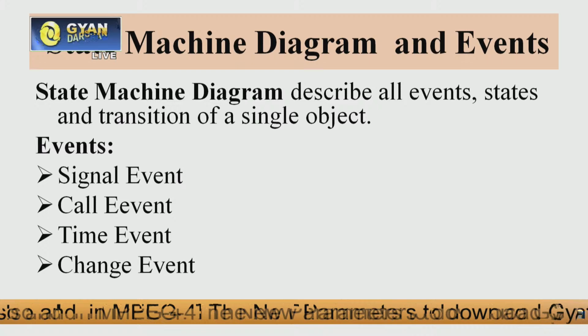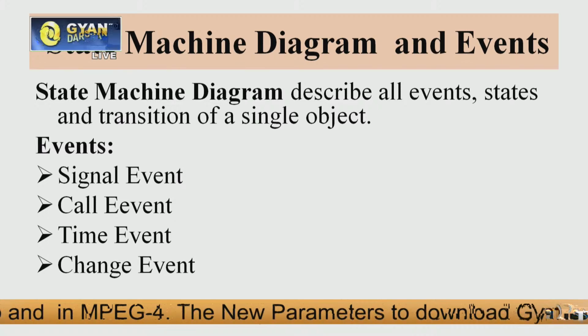So if we take a single object and try to trace the different events performed on that object and how the object changes its state, and if we try to show that through a diagram, we will use the state machine diagram.